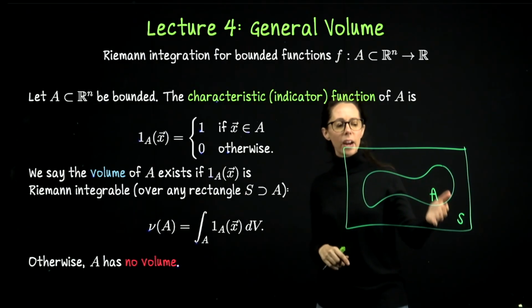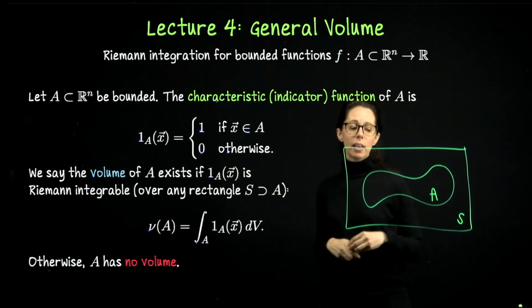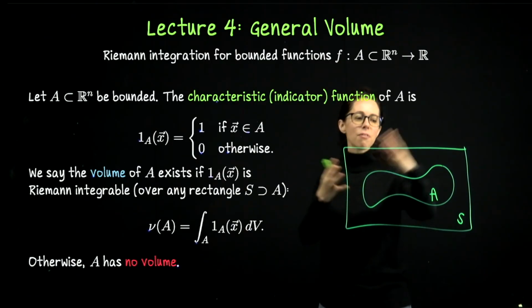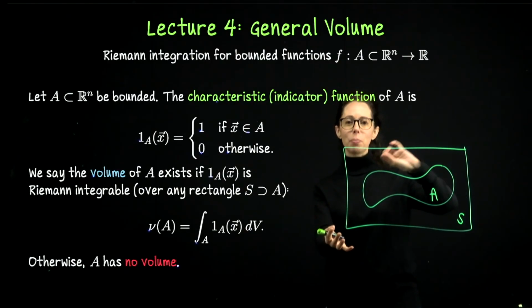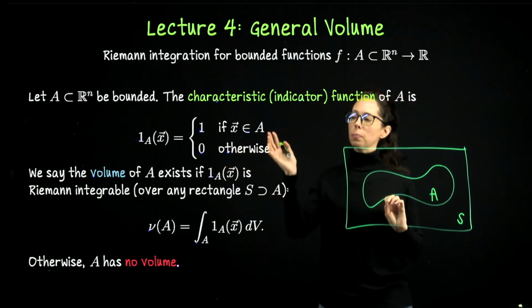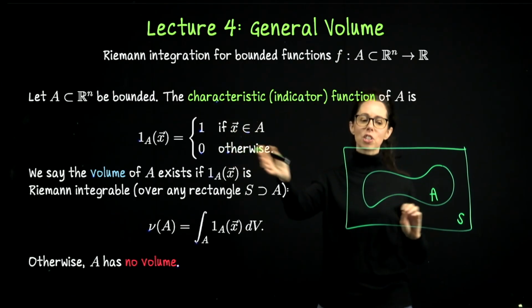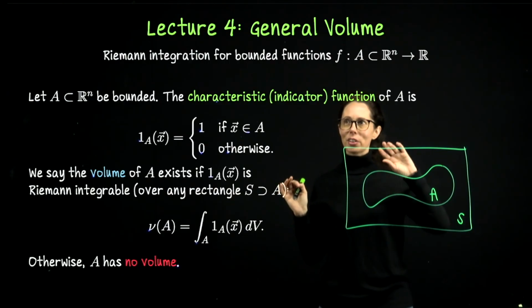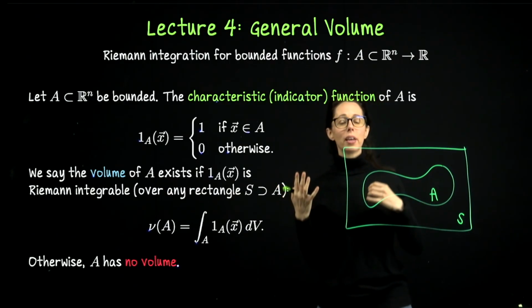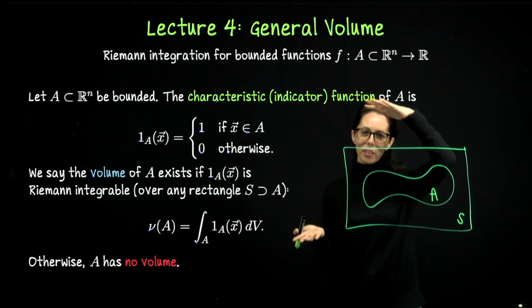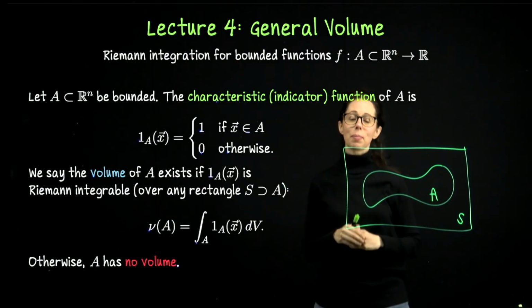Now, is the characteristic function of A integrable over, say, S? And then it's like, what does that mean again? It means that, if I took every possible partition of this domain, computed all of the upper sums of this function, so this is the function now that we're looking at integrating, with respect to every possible partition of this enclosing rectangle, and then took the inf of that to get the upper integral, compared that to the supremum of the set of all possible lower sums, do the upper integral and the lower integral actually coincide and equal the same number?